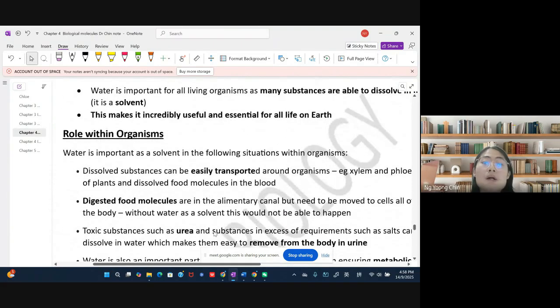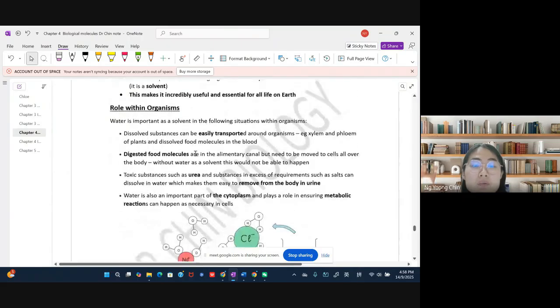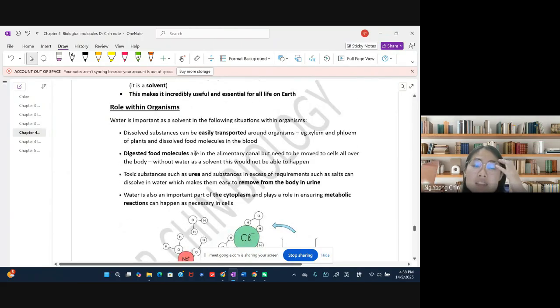Okay, then now we talk about the last part, which is the water. Okay, water is a polar. It's a polar molecule, right? So we know water is a universal solvent. So what I mean by universal solvent is that water can allow a lot of substances to dissolve inside.